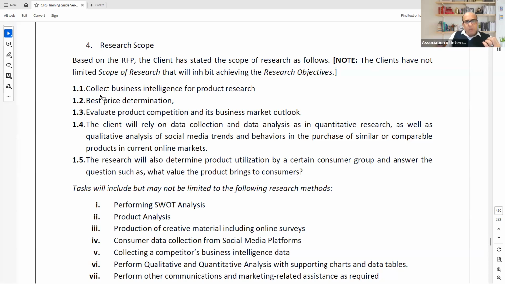So here you are going to identify the scope as collect business intelligence, best price determination. Collect business intelligence is business intelligence research, product research, price research, price analysis. These terminologies you must have heard many, many times.